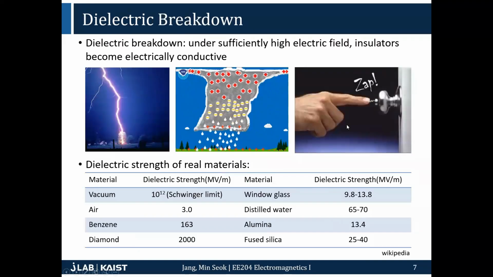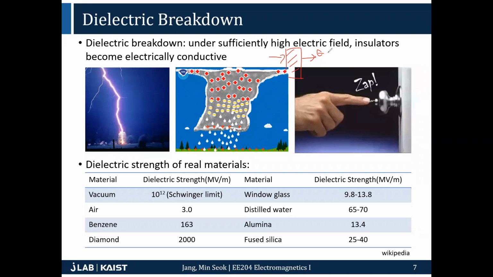Okay, so here's another interesting concept about dielectrics. Now assume that you have a dielectric material and you apply an electric field. As I said, this dielectric material is insulating, so there's no current flowing. Instead, you have bound charge formation, and the dielectric becomes polarized.